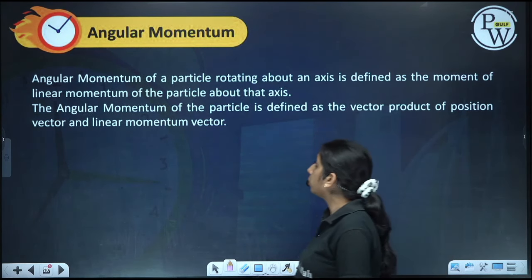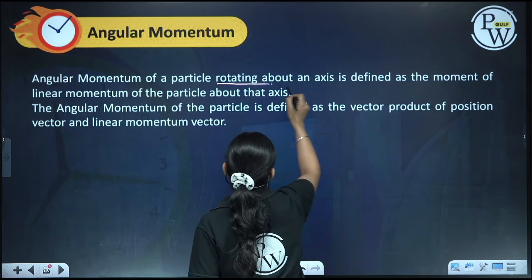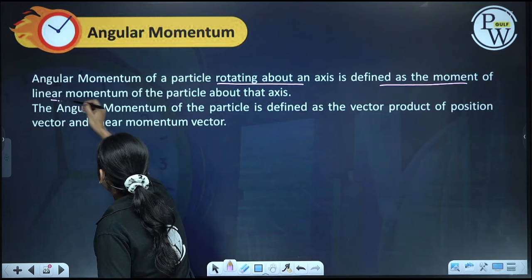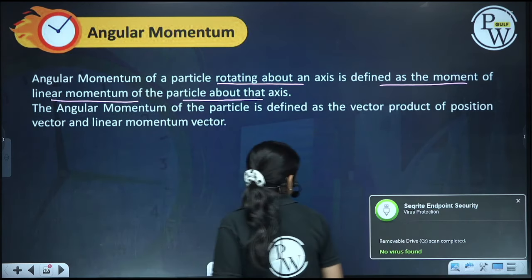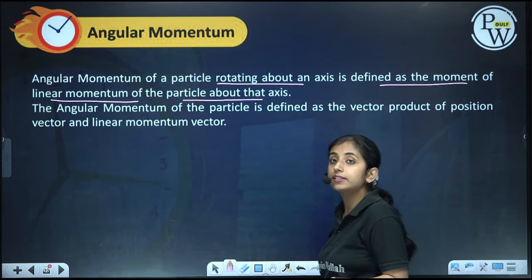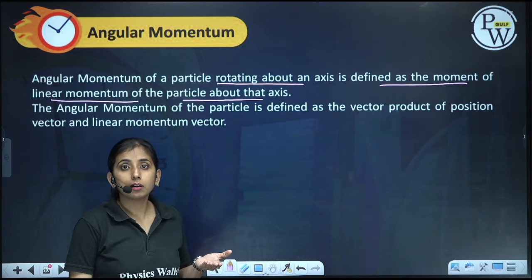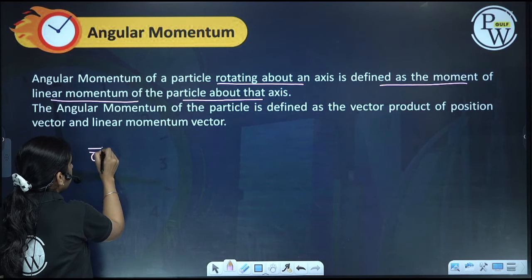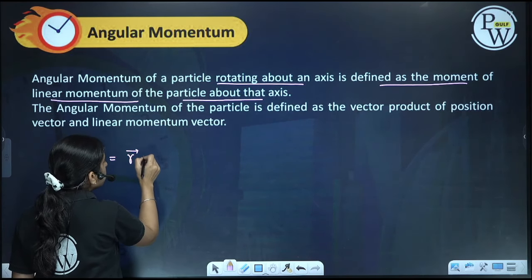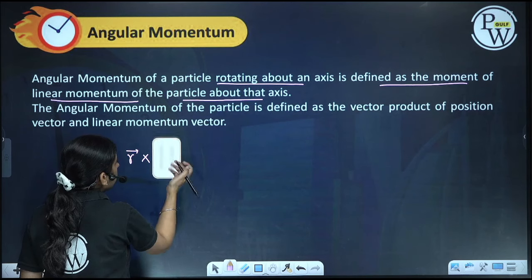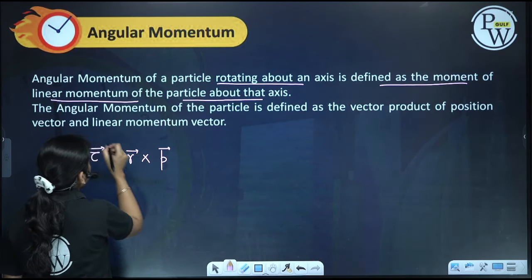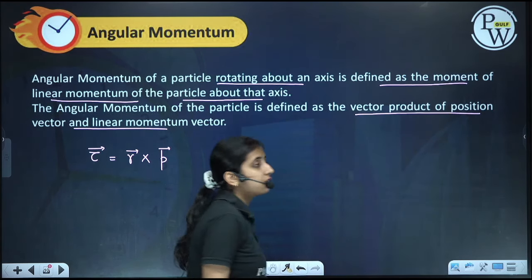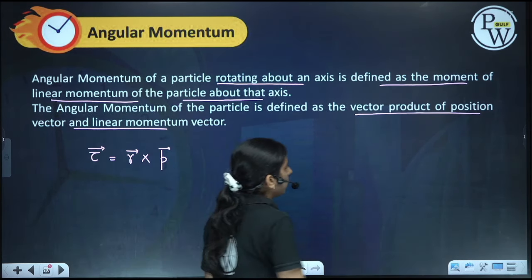Angular momentum of a particle rotating about an axis is defined as the moment of the linear momentum of the particle about that axis. It is defined as the vector product of the position vector of the particle and the linear momentum of the particle.